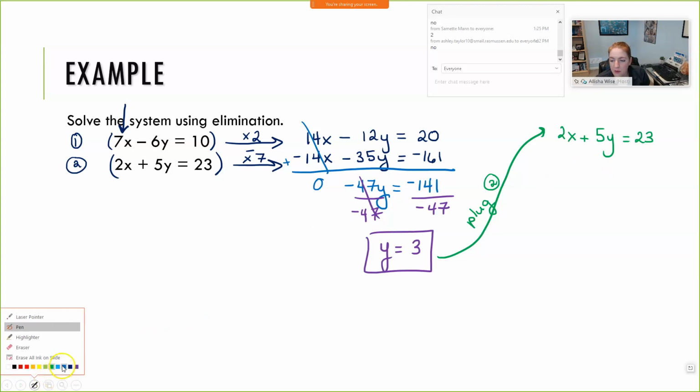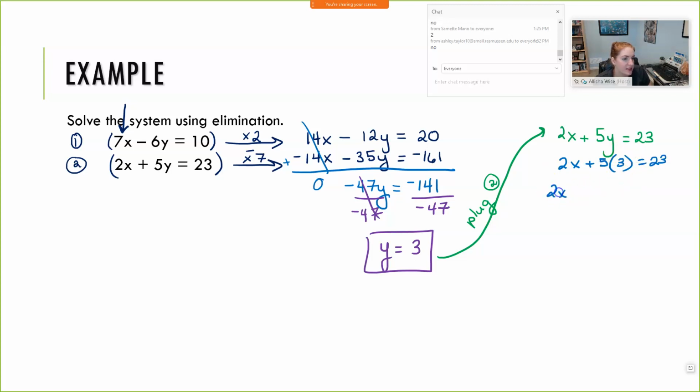So y is 3, so I'm going to go ahead and replace y with 3. Simplify that side. 2x plus 15 equals 23. Now I need to solve for my x.